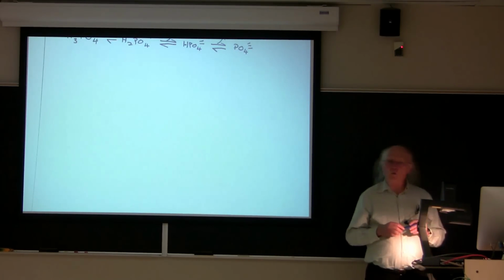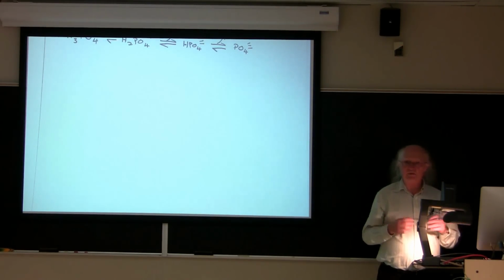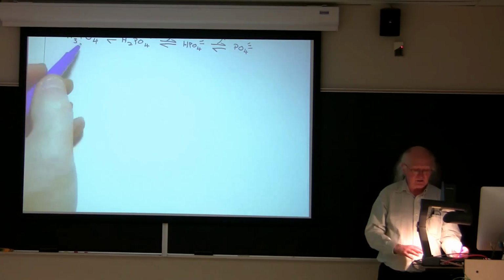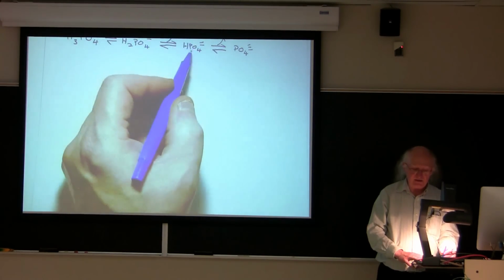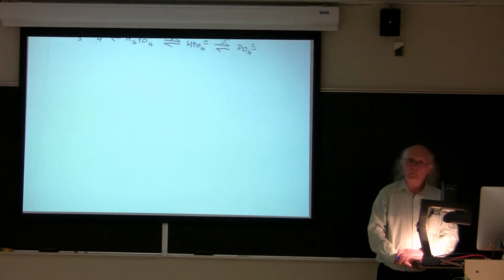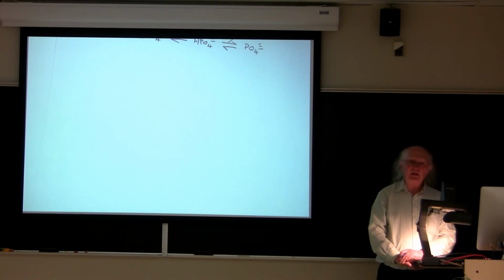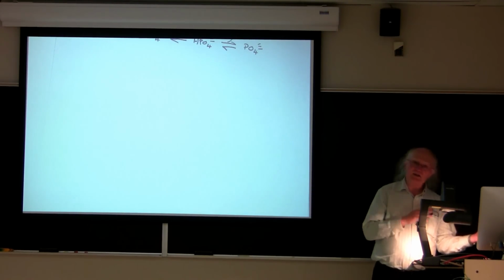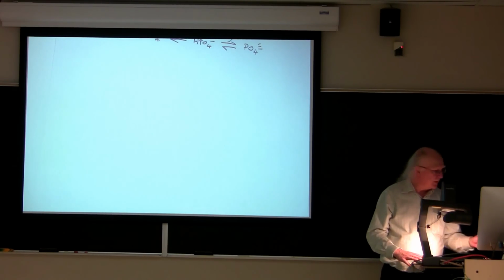Now, you'll note that I started with 4 different forms of this phosphate: H3PO4, H2PO4 minus, HPO4 minus minus, and PO4 minus minus minus. You'll notice that there's only 3 pKa values, and that's because pKa's are always associated with ionization. So with ionization, we have 2 possible forms, the form that has the proton and the form that doesn't have the proton.